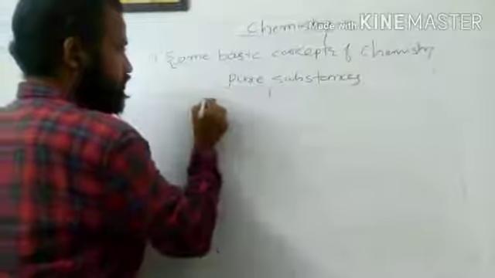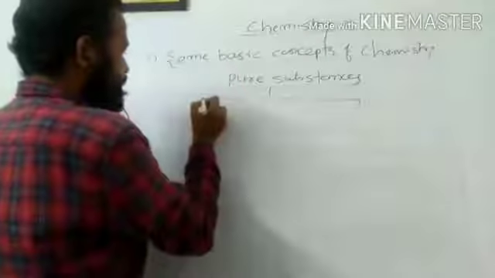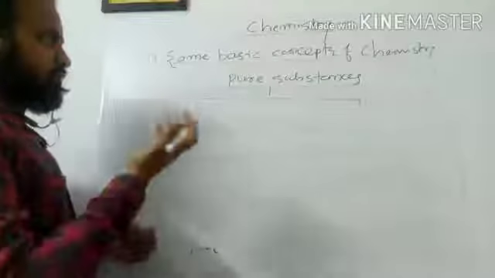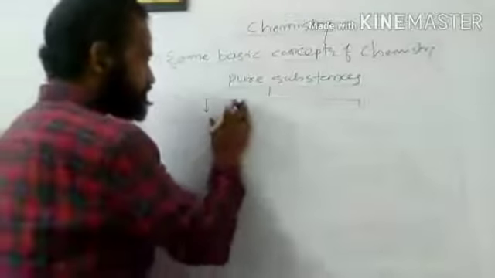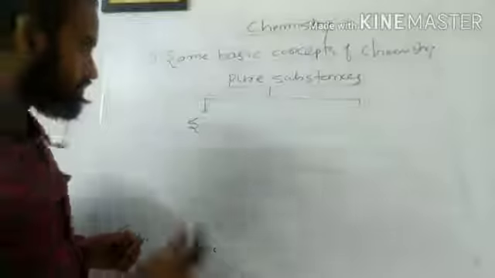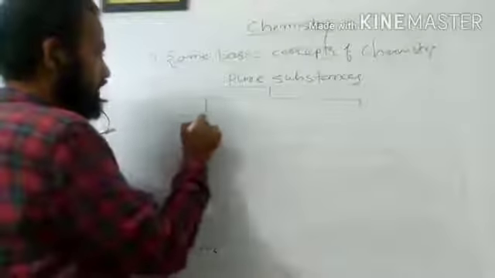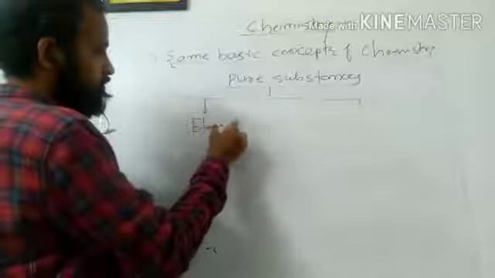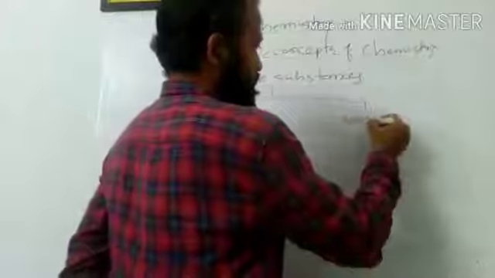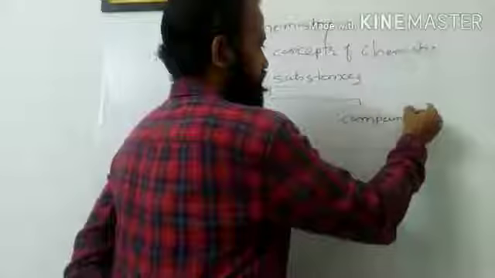When we look at pure substances, they are subdivided into two types. The first one is elements and the second is compounds.